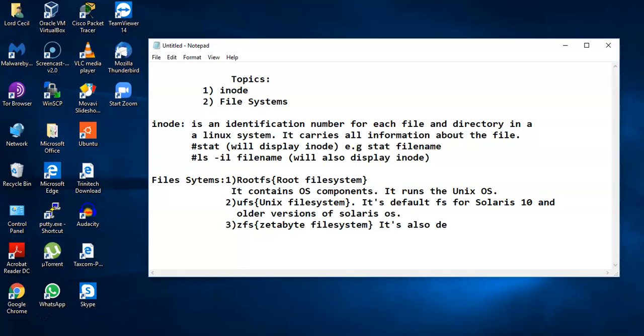It's also a default file system for Solaris, this one being Solaris 11, a different version of the Solaris operating system. We will look at volume management in one of our future classes, but ZFS is used as a volume manager in Solaris.